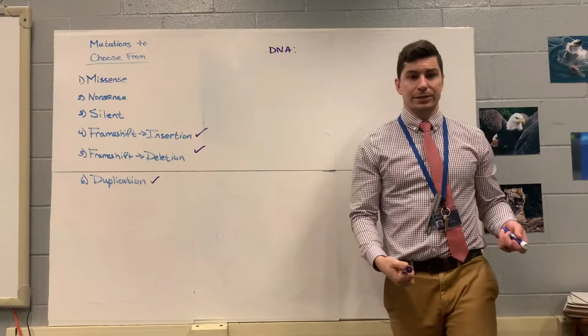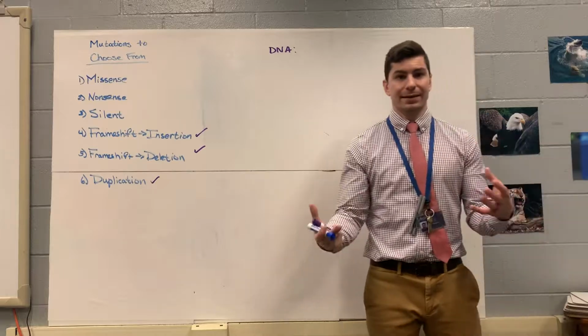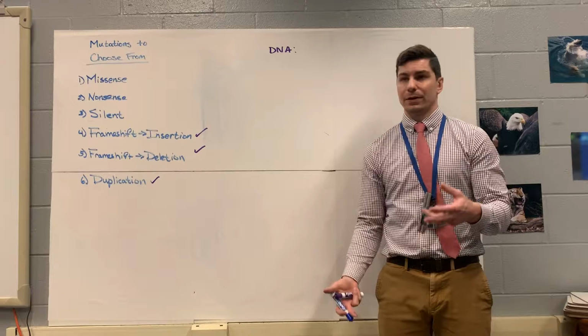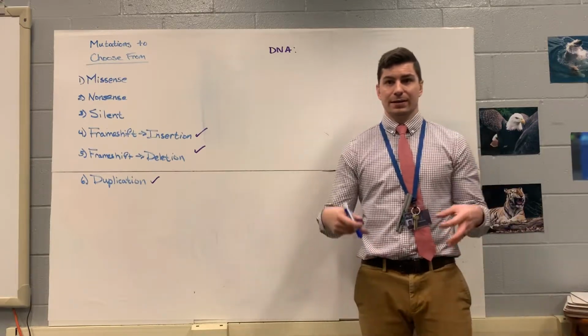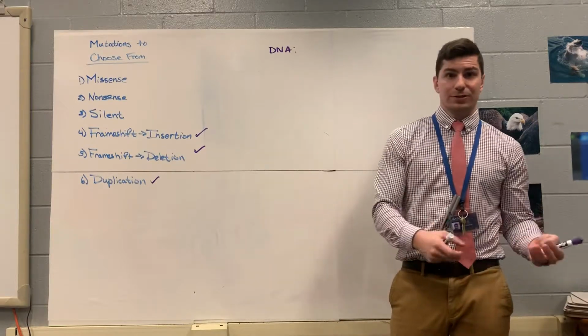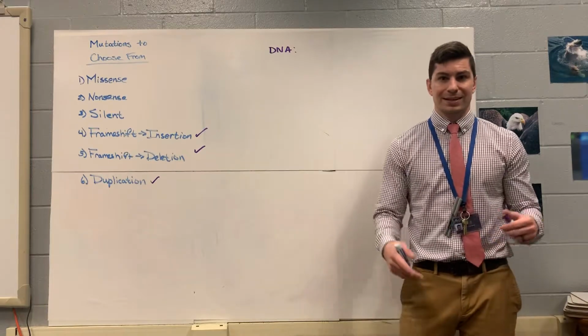A silent mutation is essentially, you get a loaf of bread, all right? And your mom and dad, they're not up in the morning, so you're making your own breakfast and you put some toast in the toaster and, oh crap, you just burnt the toast. What you're going to do is throw that toast away, and mom and dad don't need to know that you burnt the toast because you got a whole loaf.